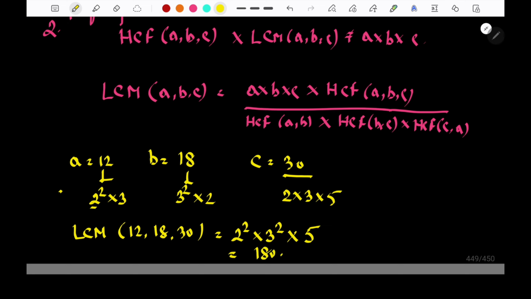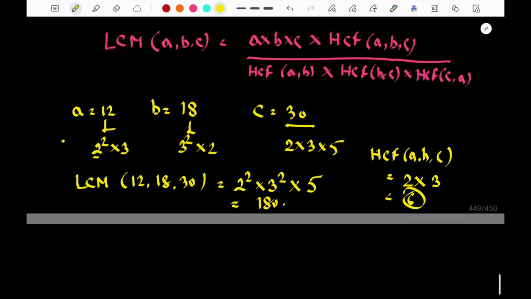So LCM is 180. Now what is the HCF of a, b, c? HCF of a, b, c, that is the smallest common power. So 2 is common, and again 3 is common, and smallest also. So HCF is 6.